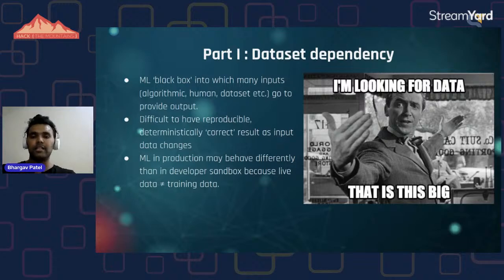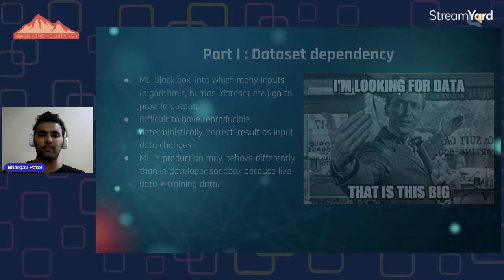Incoming data will change from time to time. The distribution of the data changes, the values of the data will sometimes change. And if it is not equal to the training data, your model will start performing differently, and it can cause a lot of issues, including harm to the business as well, right? So this is the first problem.